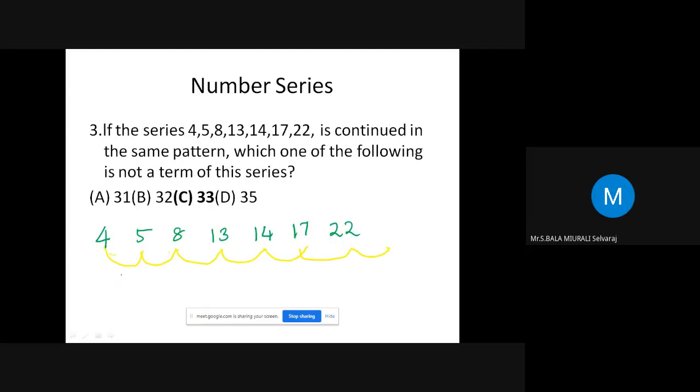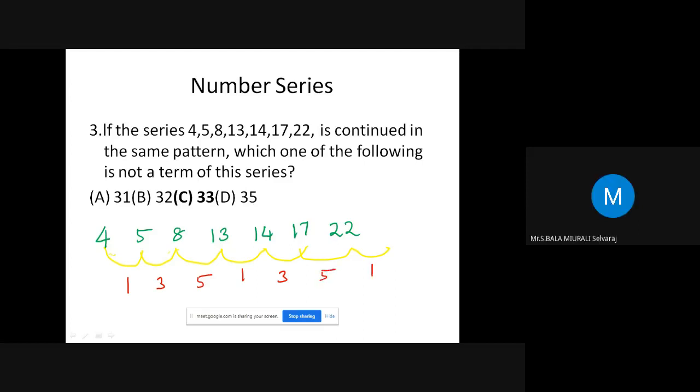What's the pattern? 4 to 5, the difference is 1. 5 to 8, the difference is 3. 8 to 13, 5. 13 to 14, 1. 14 to 17, 3. 17 to 22, 5.